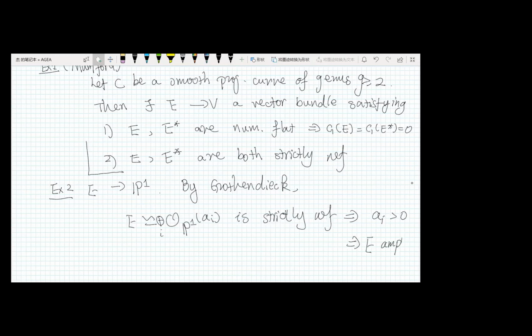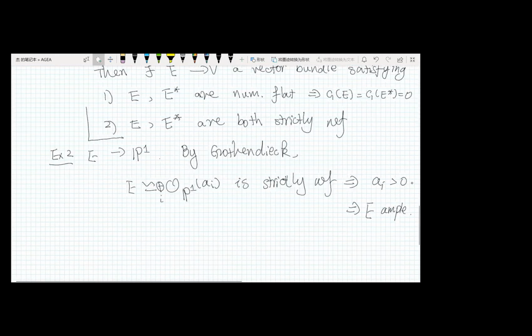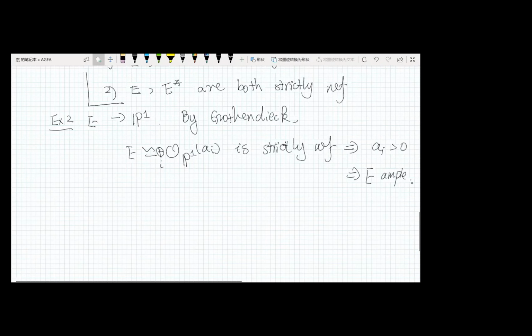So over the projective line, strictly nef just means ample. This is very nice.